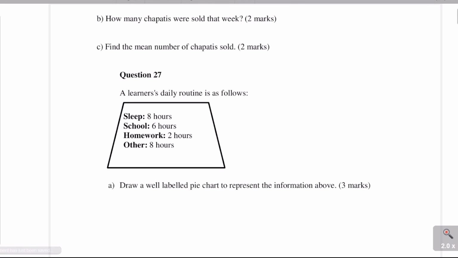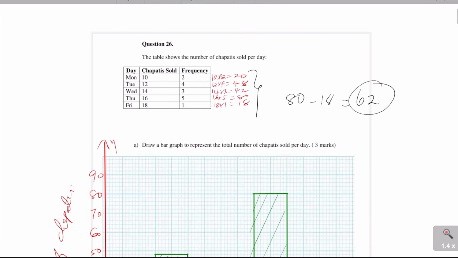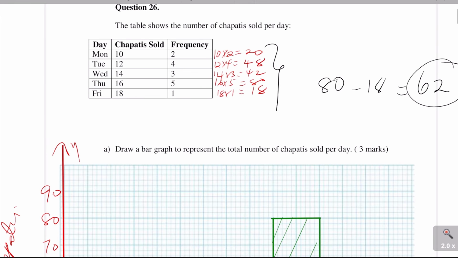So for part B, how many chapatis were sold that week? For this one, you get it from the table here. Look at this table that we had filled. On Monday, for example, chapatis sold were 10. Frequency represents the number of times 10 chapatis were sold. So total chapatis sold for Monday will be 10 times 2, that is 20. Tuesday, 12 times 4. Like that. So you're supposed to add all these values.